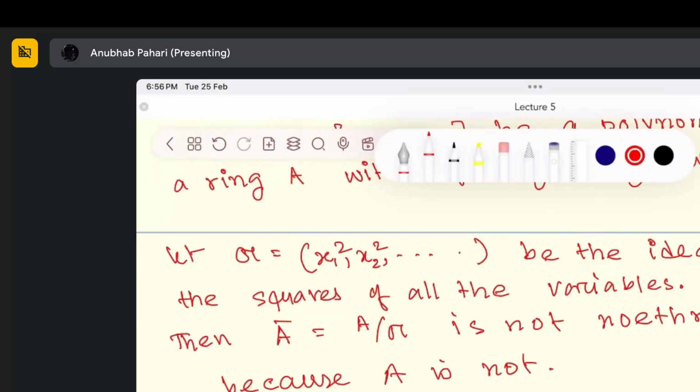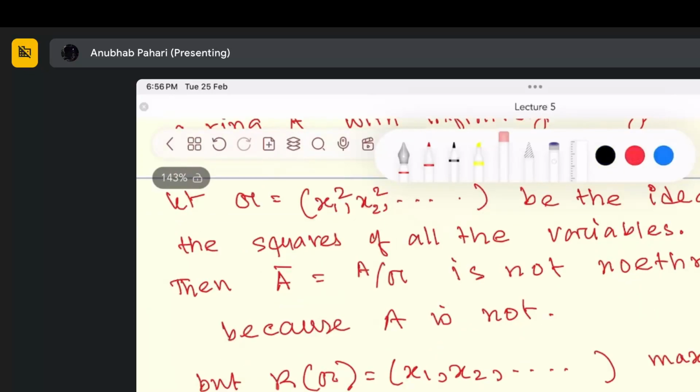So A bar is not a Noetherian ring, but its Spec is Noetherian.